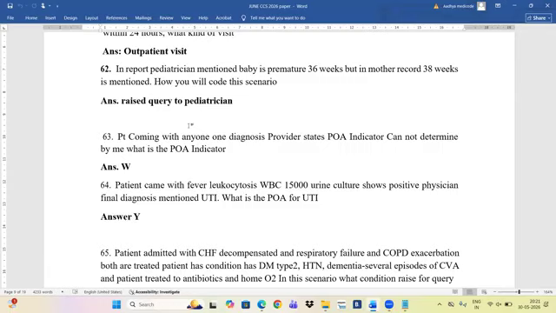We don't know. 36 weeks means preterm, a premature baby; 38 means normal delivery. For whom do we need to raise the query, obstetrician or pediatrician? Pediatrician. For the baby record, we need to confirm with the baby's provider.